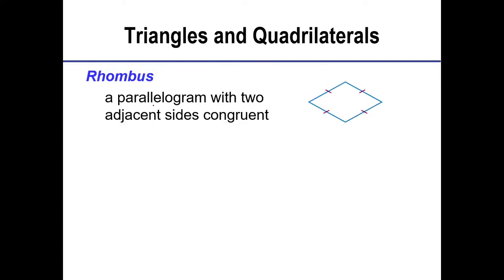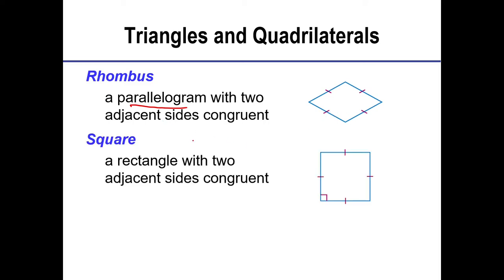A rhombus is a parallelogram with two adjacent sides that are congruent. If you look at the figure, since we have a parallelogram with two adjacent sides congruent, all of the sides are also congruent for a rhombus. A square is a rectangle with two adjacent sides congruent.